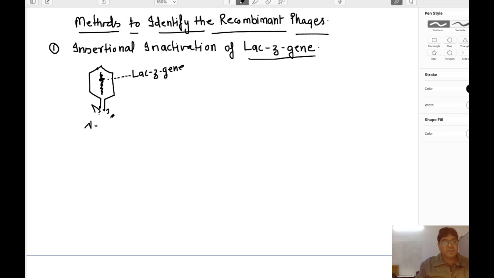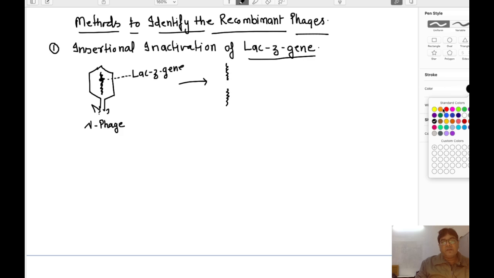Let me label this phage as Lambda phage. Okay, so what do we do? We take out this DNA. We cut the DNA through some restriction site, and this lacZ gene is disturbed.